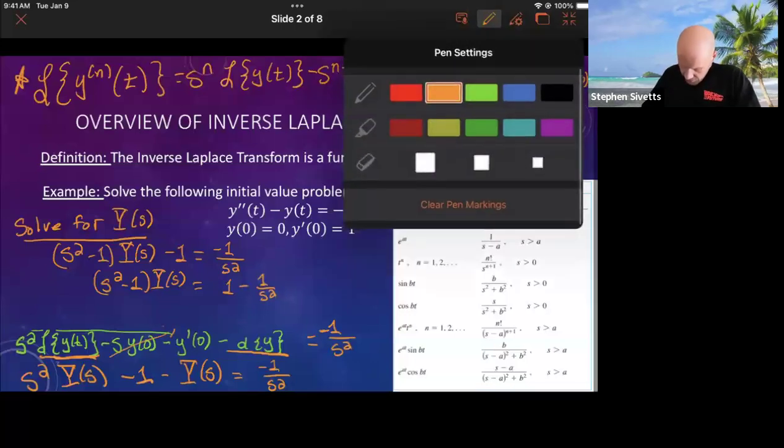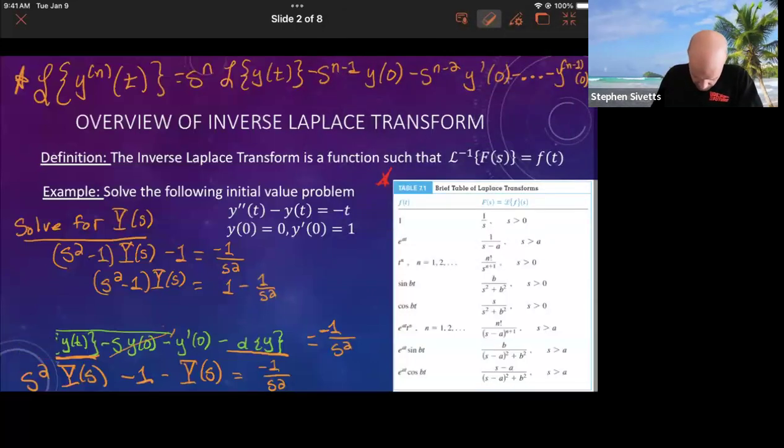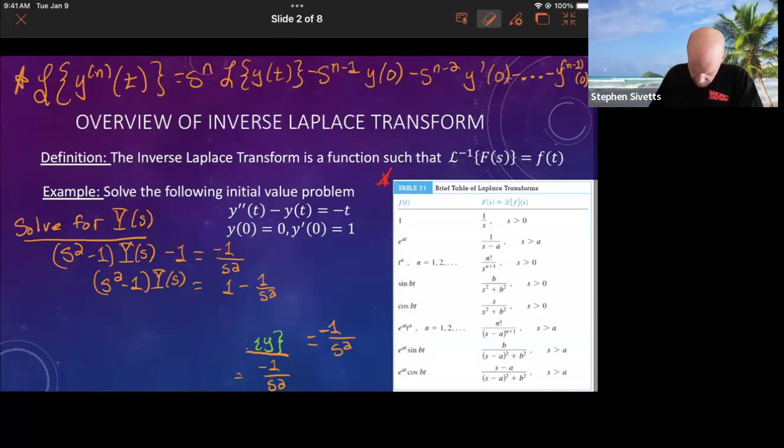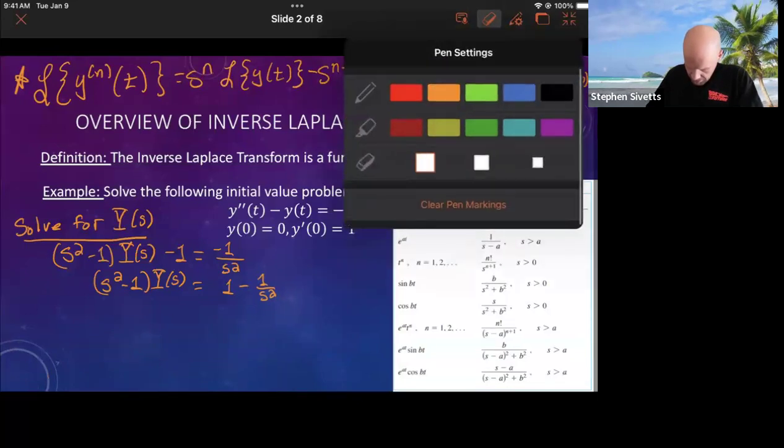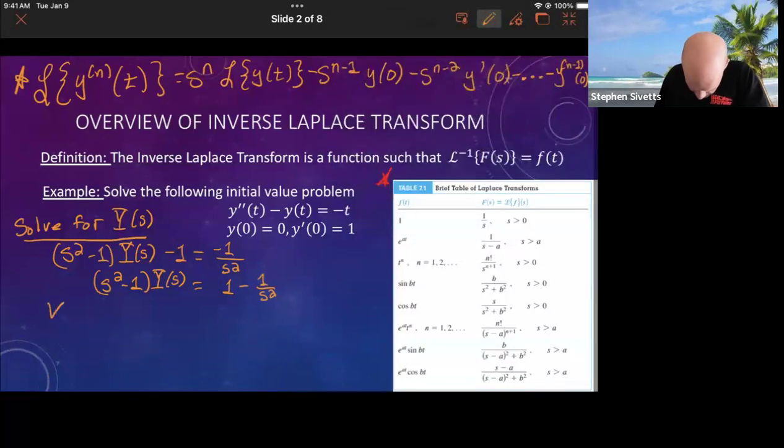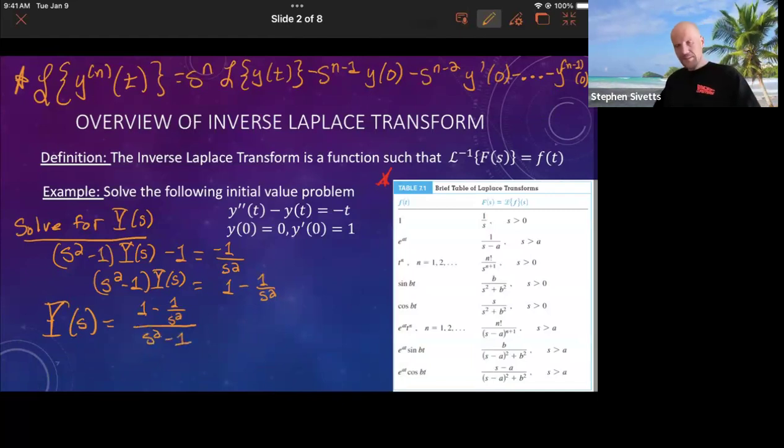And therefore, capital Y of S is equal to 1 minus 1 over S squared divided by S squared minus 1.